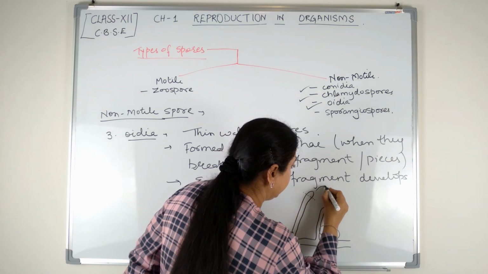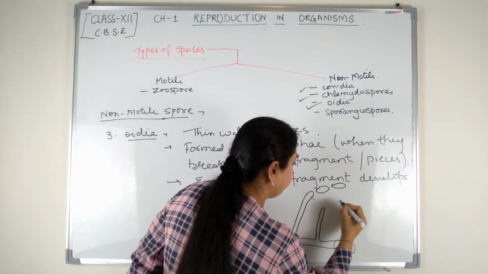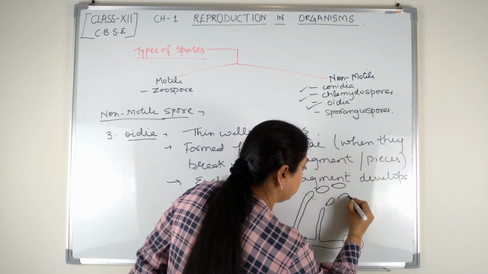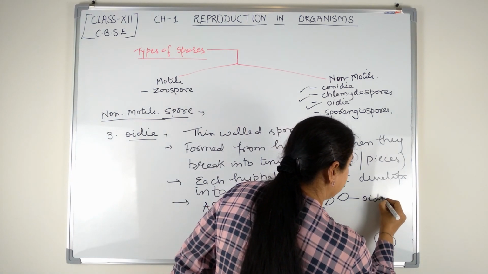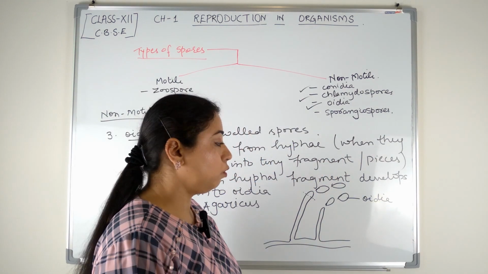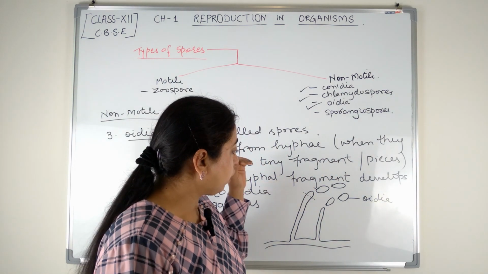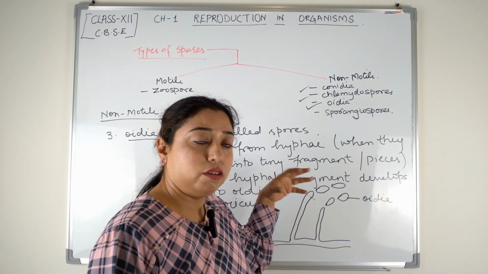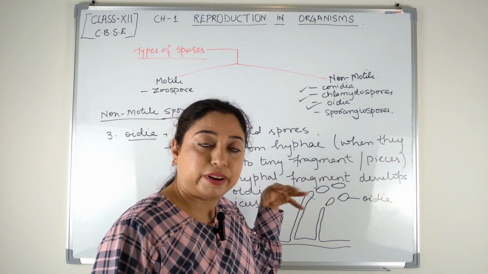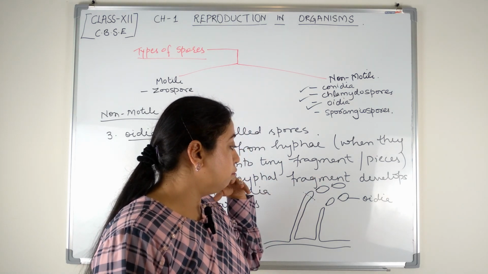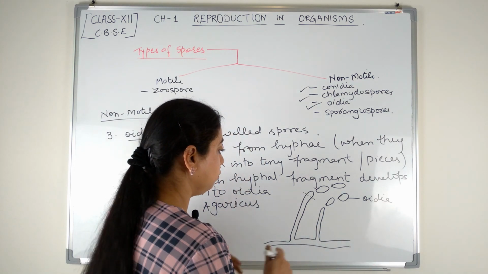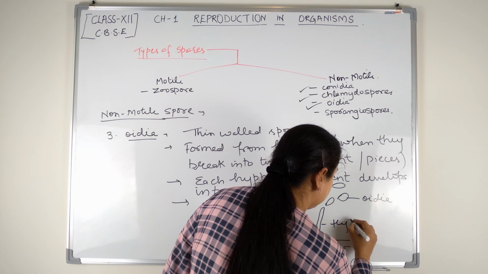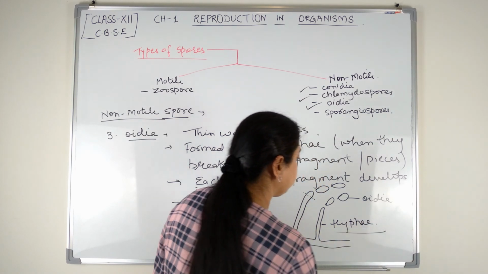So they are released like this, they get pinched off and form or convert themselves into Oidia. Right. So the hyphae itself breaks down into many, numerous fragments, and each fragment further develops into Oidia, right? This is a kind of hyphae.